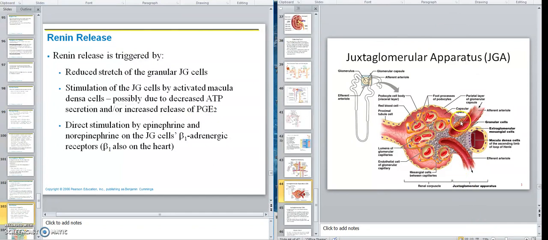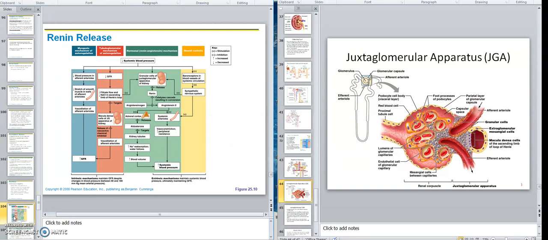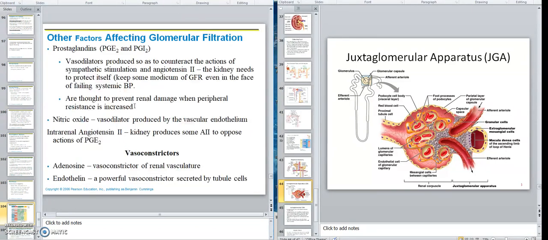Remember, they are smooth muscle. That means you are going to get some stimulation directly from the autonomic nervous system, which in this case would be the sympathetic. Okay? So here's a little chart you can look at on renin release when you have a chance.